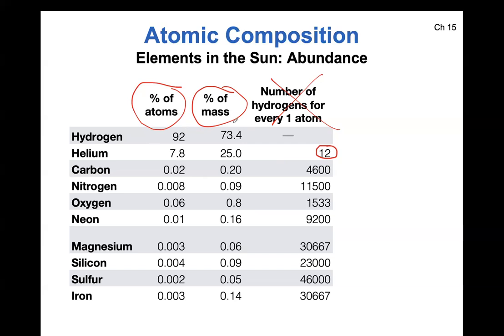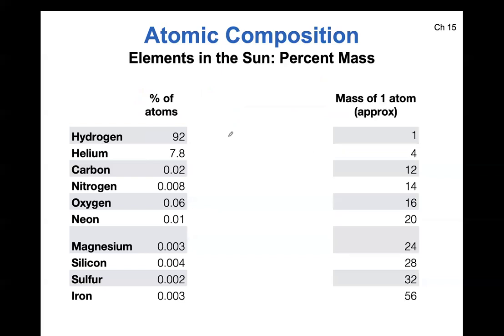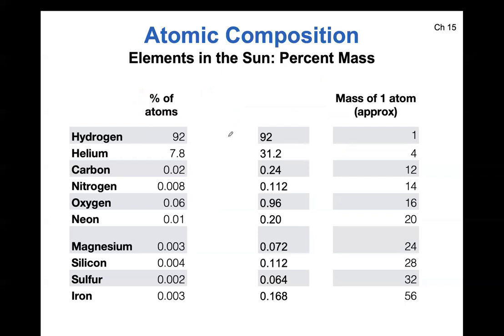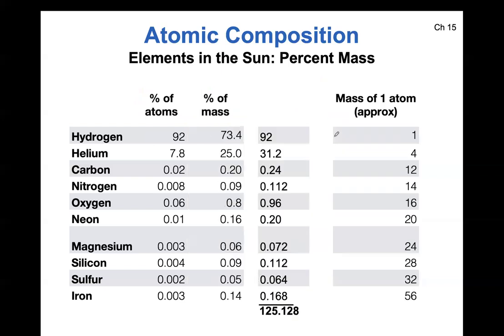Why such a big difference? Why is it that you can have 92% of the things that build the sun, yet have them only reach that 73.4%? Well, it all comes down to looking at the mass of each atom. So here's your answer.